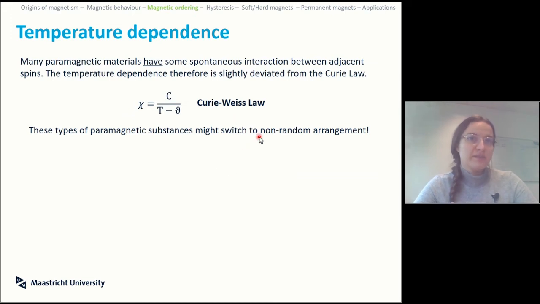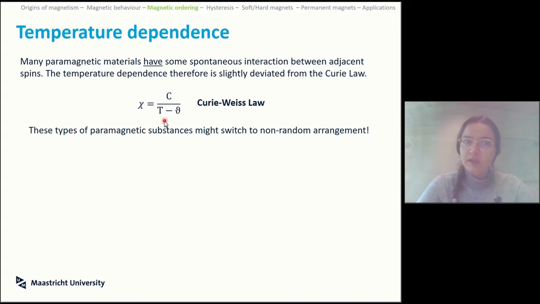So when you have interaction between adjacent magnetic atoms, meaning adjacent magnetic moments, there is a deviation from the perfect inverse relationship of the Curie law. This is called the Curie-Weiss law, in which this is the Curie constant and this is the Weiss constant.